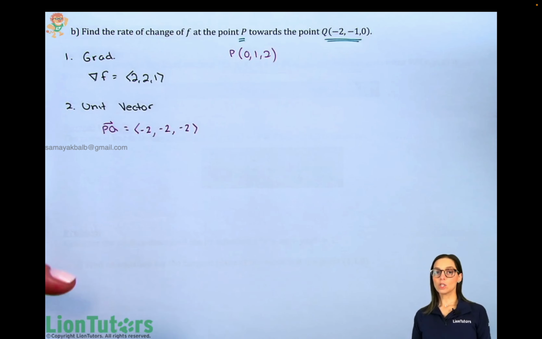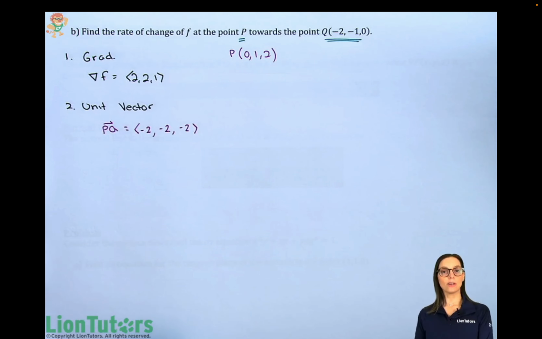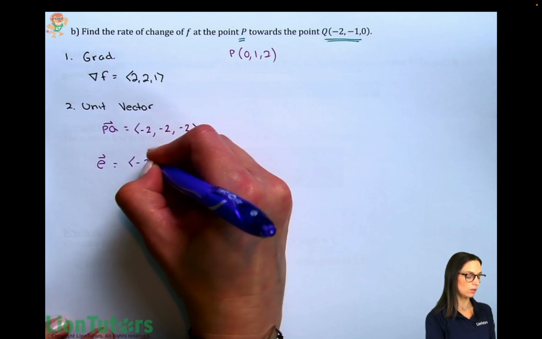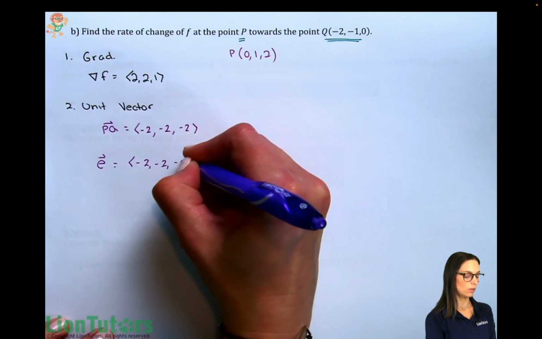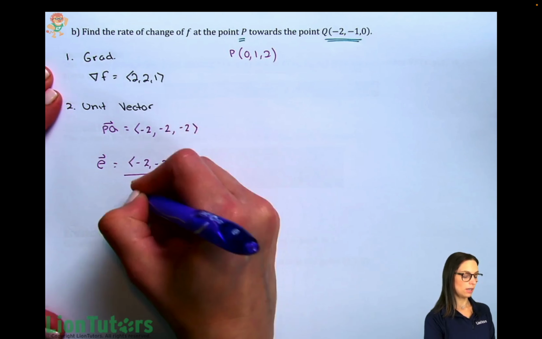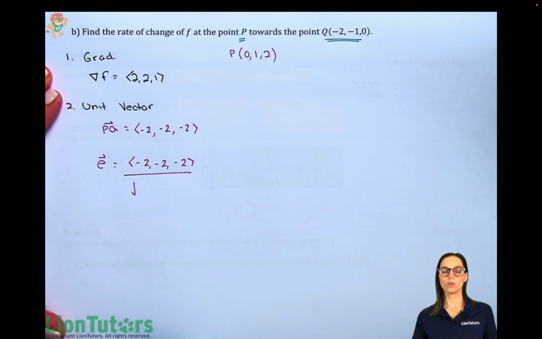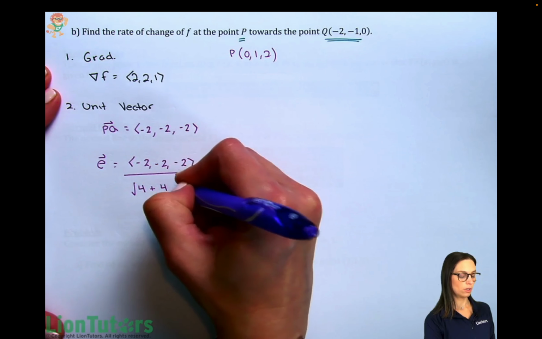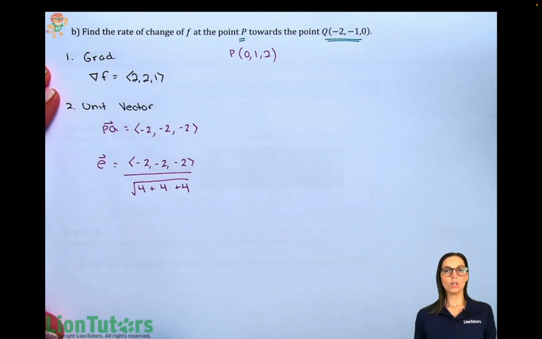So this is the direction we're going in, but we need to find a unit vector in that direction. So we are going to take this vector here, and we are going to divide it by its length. So 2 squared is 4, 2 squared is 4, and 4. So let's see, that's going to give us root 12.